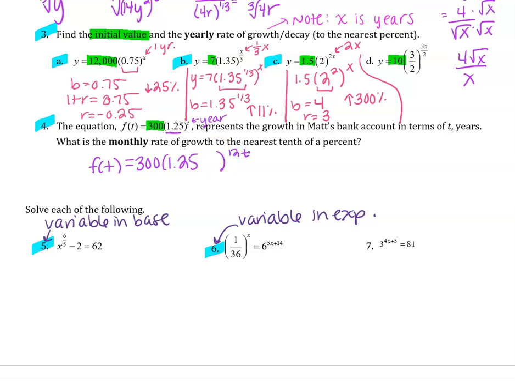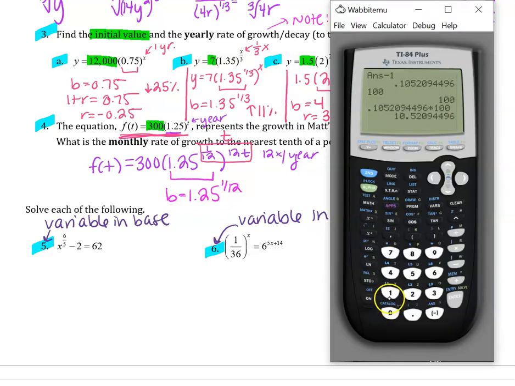I'm forcing the outside exponent to be a 12t because 12t represents 12 times a year, which is a month. But I can't just make it be 12t because that would change the function itself. So I have rewritten the inside as a 1/12. And that's fine because when those multiply back together, that's t, which means I have not changed the function, I've just changed the way it looks. When I care about the growth, I simply look at the b value. Go to my calculator, 1.25 raised to the 1/12.